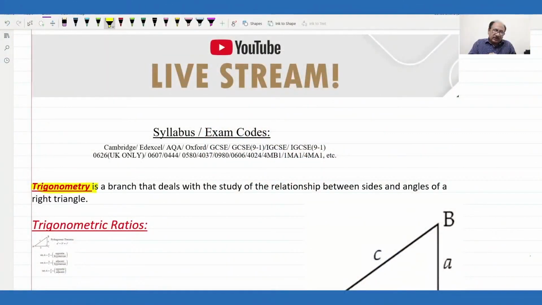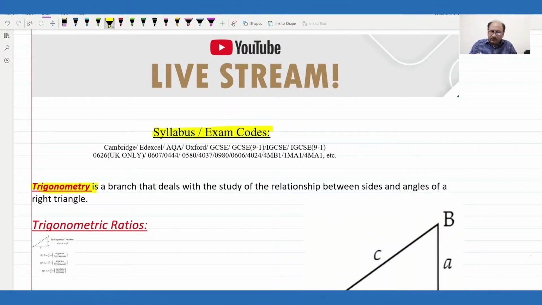So today's topic which we have chosen is trigonometry. First of all, we can discuss the exam codes and the syllabuses in which trigonometry is included.